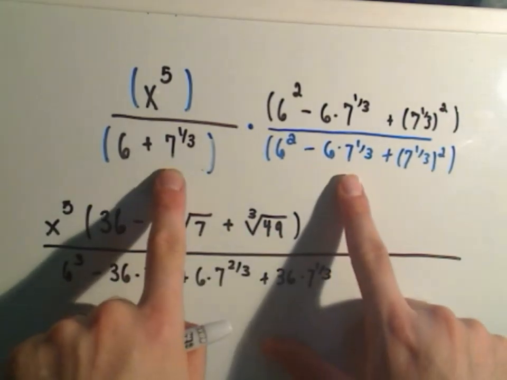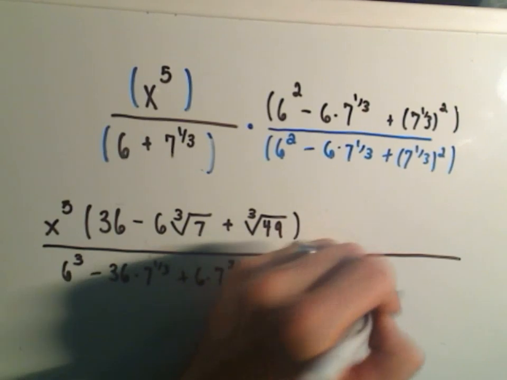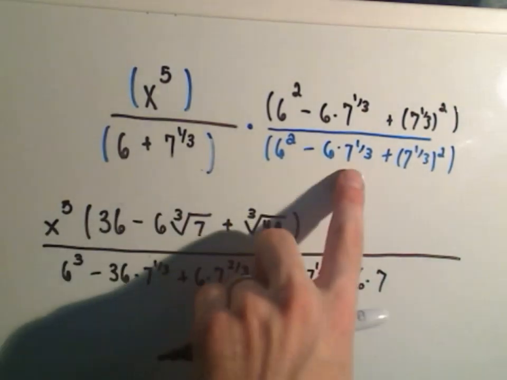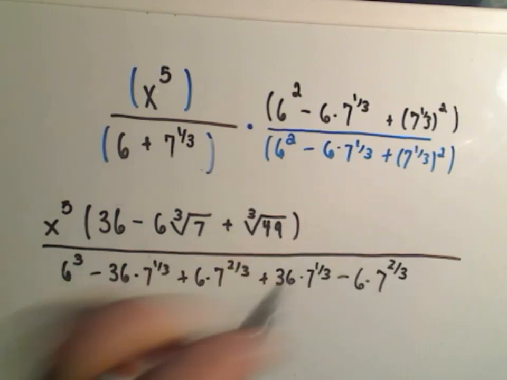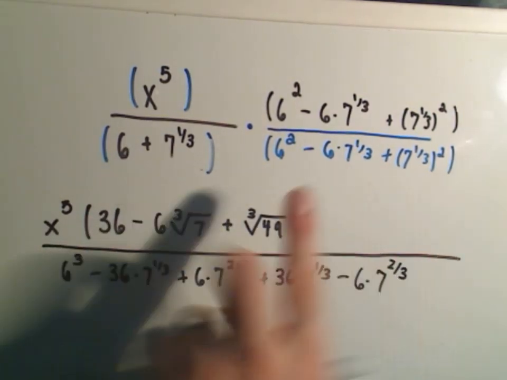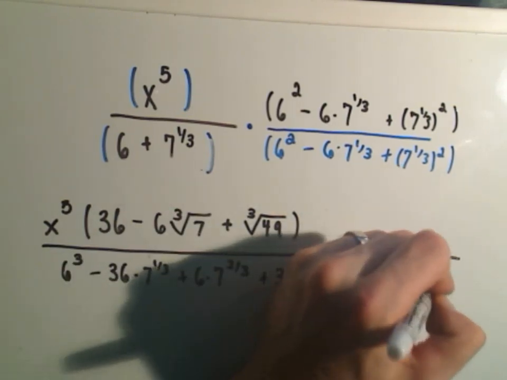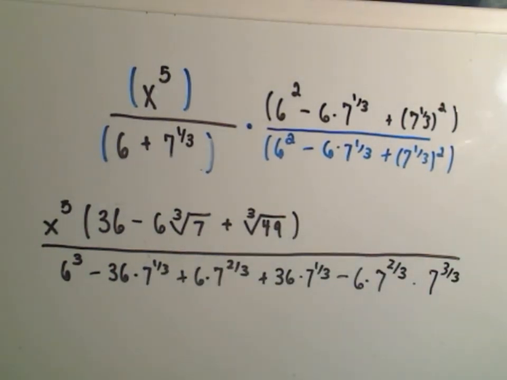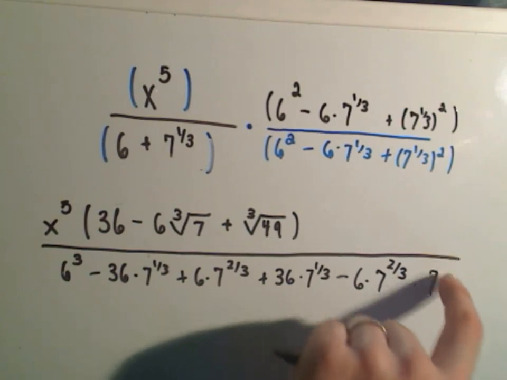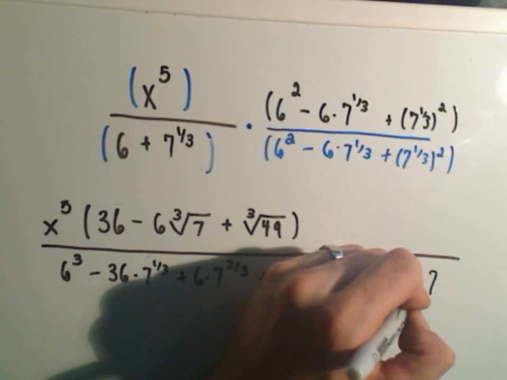If I multiply the 7 to the 1/3 by the middle term, I get negative 6 times 7 to the 1/3 times 7 to the 1/3, and I add the exponents and get 7 to the 2/3. And then again, I'll take 7 to the 1/3 times my last term, which is 7 to the 2/3. That'll give me 7 to the 3/3 if I add the exponents, or equivalently just 7 to the 1st.